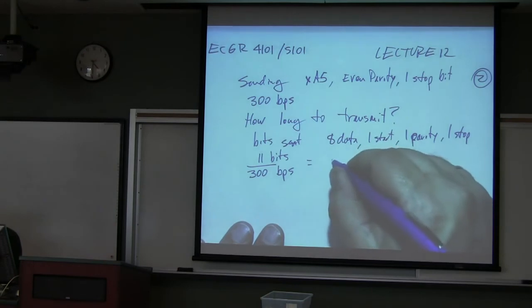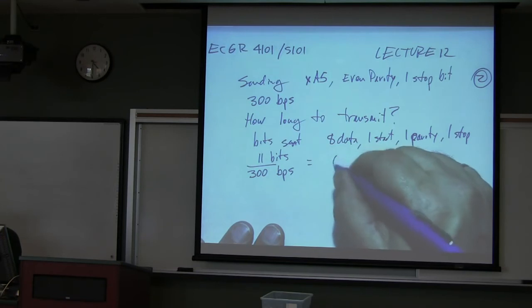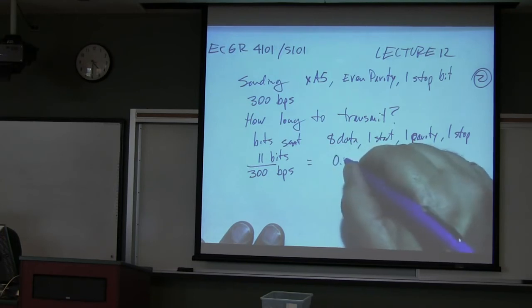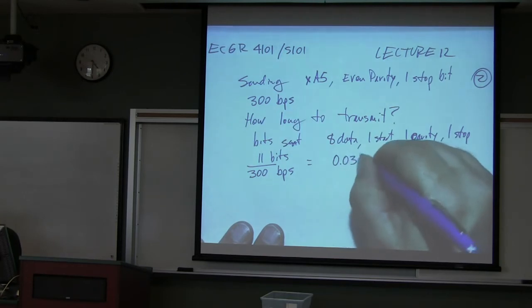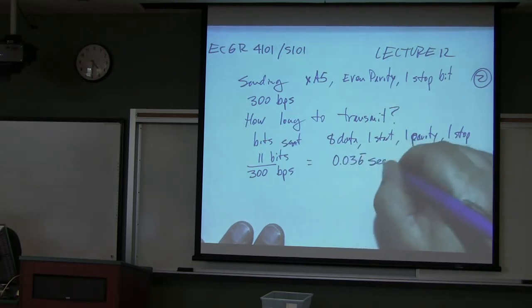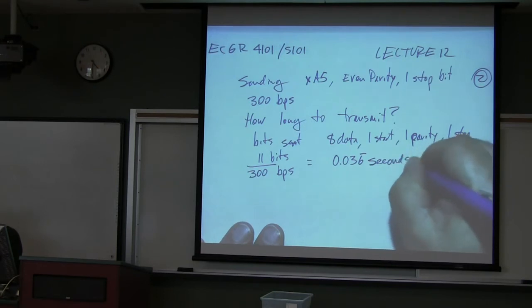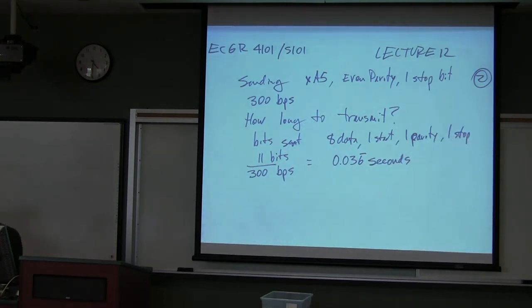And it equals how much? Decimal 036, so 36.6 milliseconds, about 37 milliseconds. That's a lot of time, isn't it?